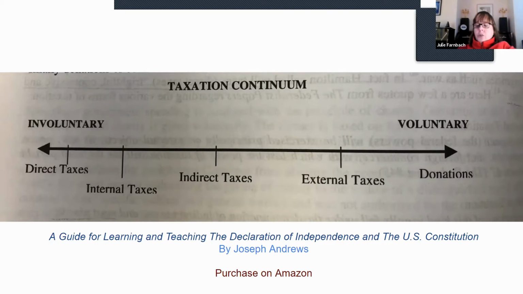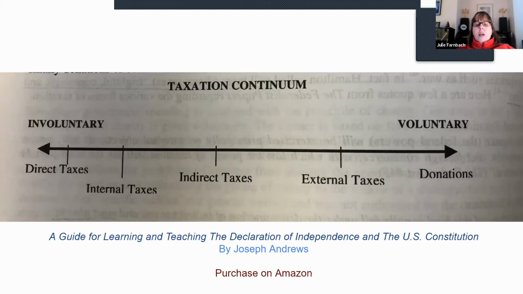I like to outline to understand relationships between concepts, and I love this continuum because even after I had read the definition of all of these different kinds of taxes, it was still kind of a jumble in my mind. If we look first at the center, indirect taxes, those are consumption or use taxes.